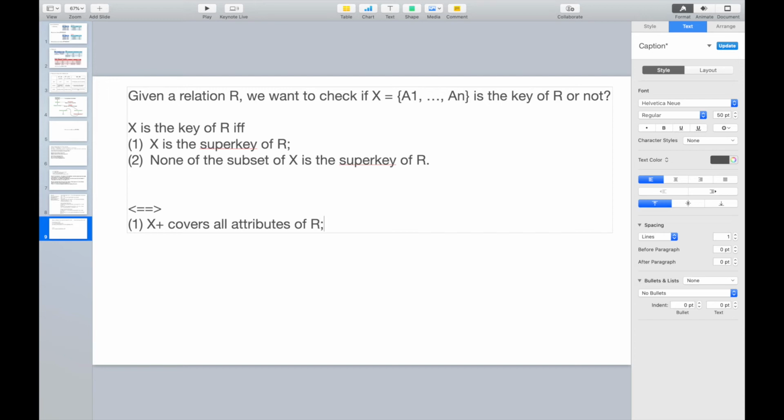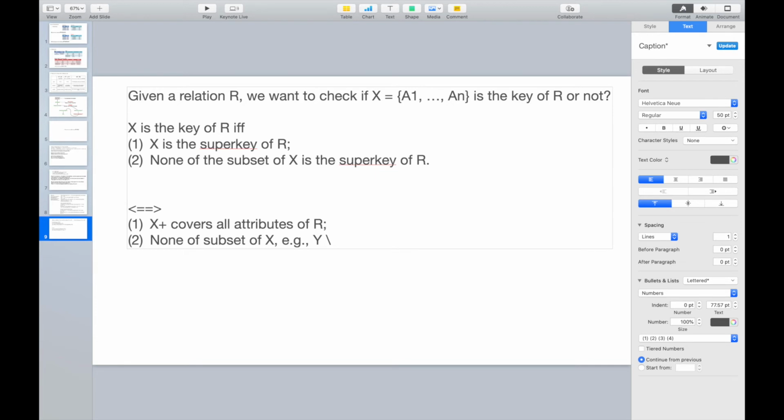And for any subset Y of X, the closure of Y should not contain all the attributes of R. Therefore, if the closure of X covers all the attributes of the relation R, then X is a super key.